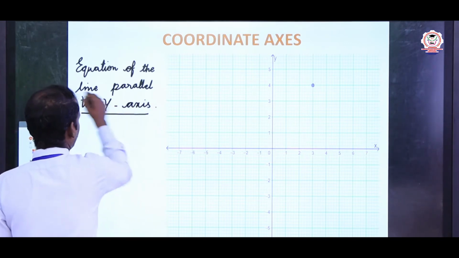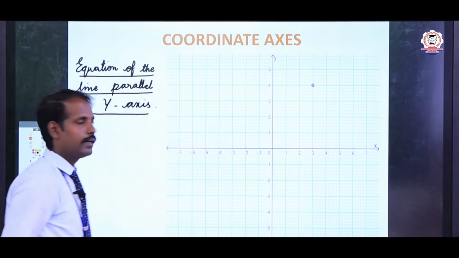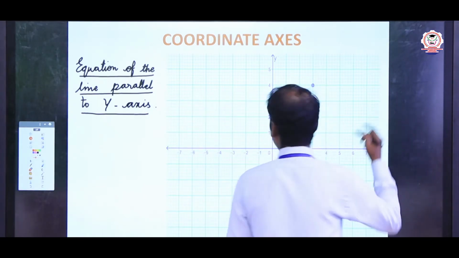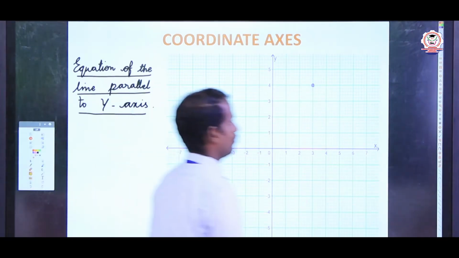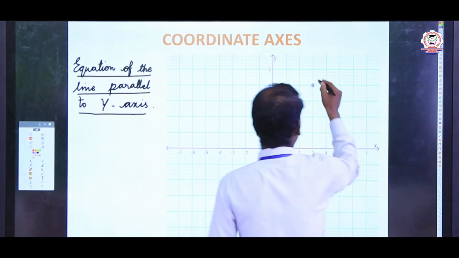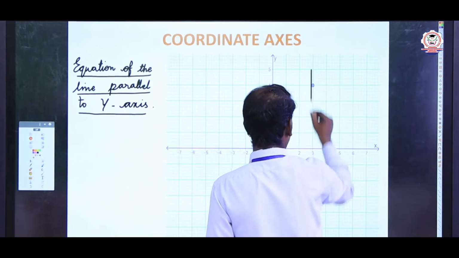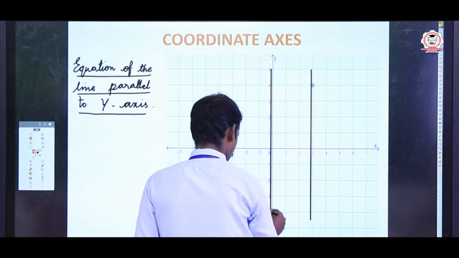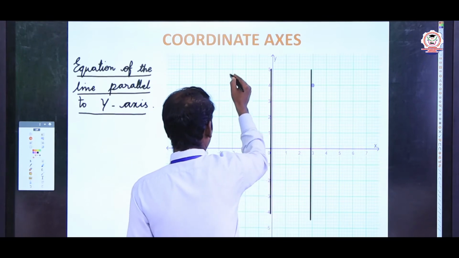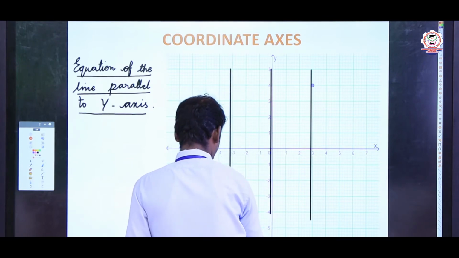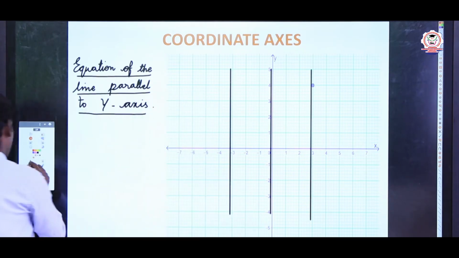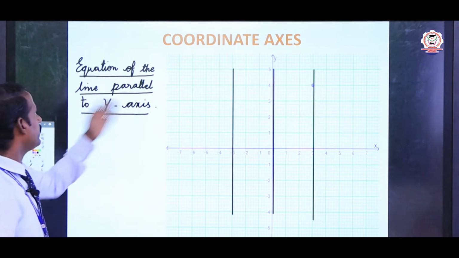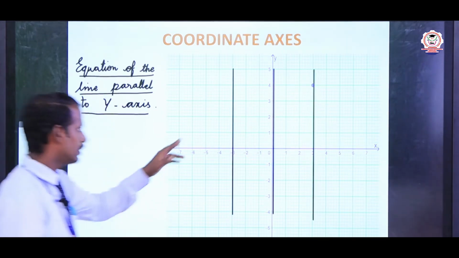Now we can draw the line parallel to the x axis and parallel to the y axis. Okay, the equation of the line parallel to the y axis has three types.